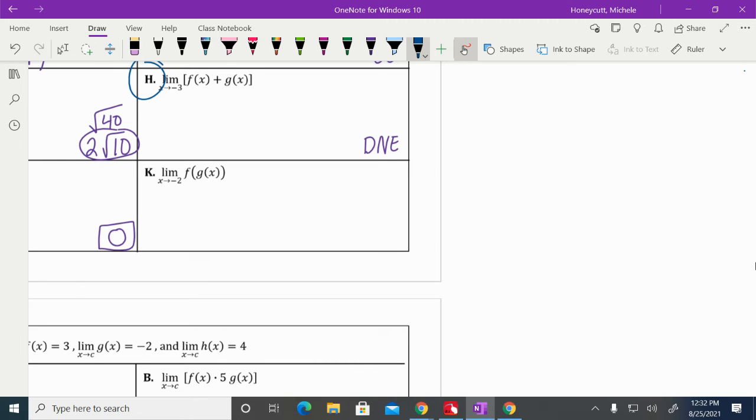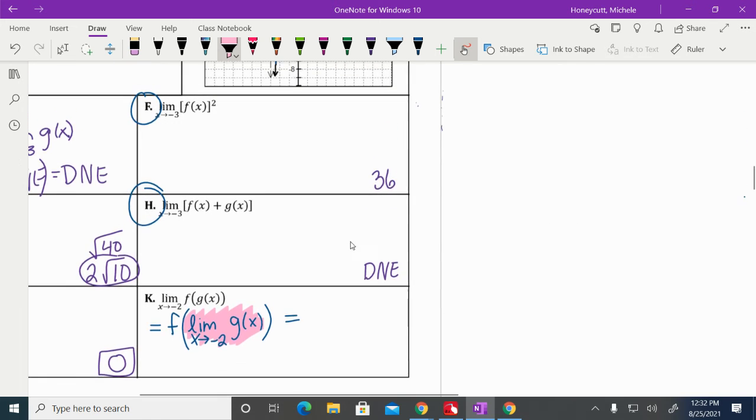That's the same thing as f of the limit as x approaches negative 2 of g of x. I'm going to highlight this part, and I'll show you what we do with that number. So find the limit as x approaches negative 2 of g. Look at the graph of g. What's the limit as x approaches negative 2 on g?